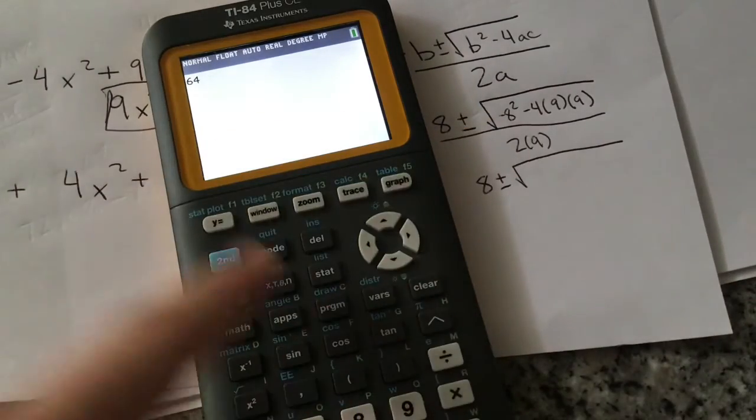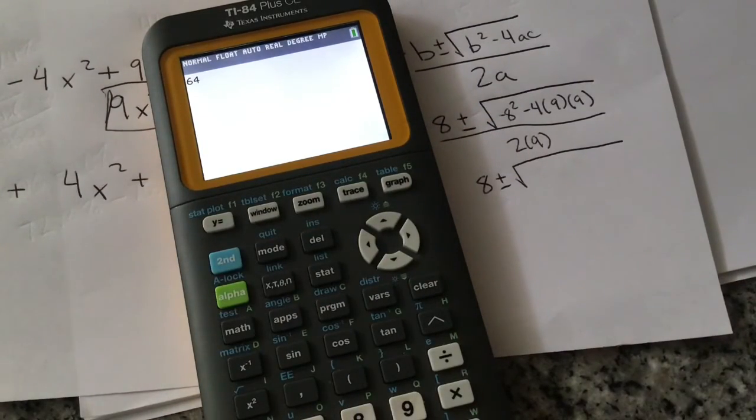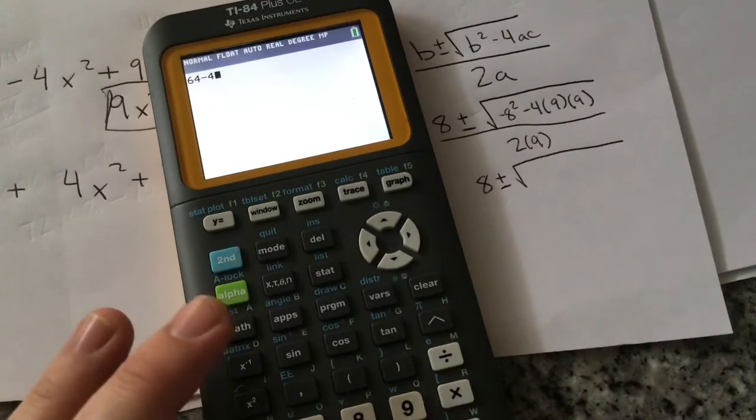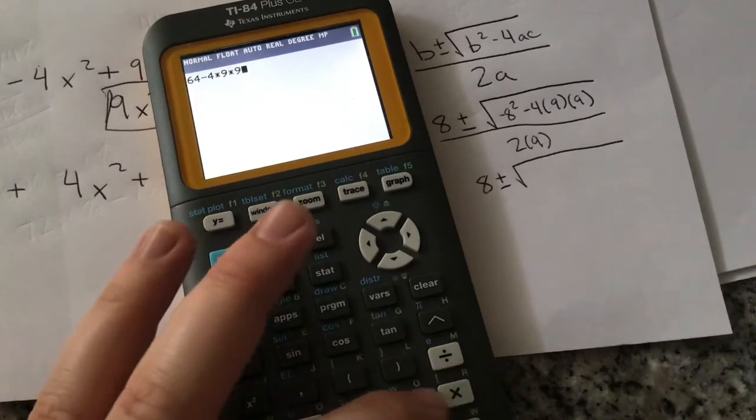Do keep in mind that if you type a negative number squared into a calculator, you need to have the negative and the number in parentheses and the exponent on the outside. I just prefer doing the squaring in my head and typing that in. But that's just me. Minus 4 times 9 times 9.